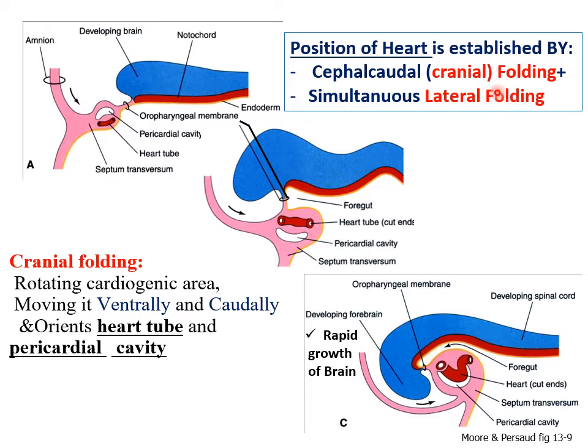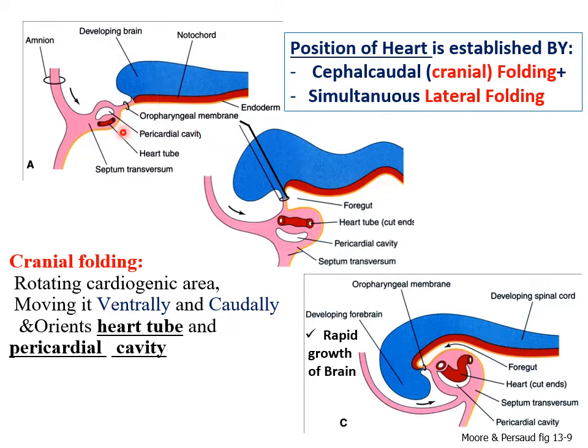At the same time, a cranial folding, this is the cranium of our embryonic disc. Here is where the cranium will develop, I mean, the brain and the other neurological tissues and related structures, and the lateral folding at the same time. Look at it, please.